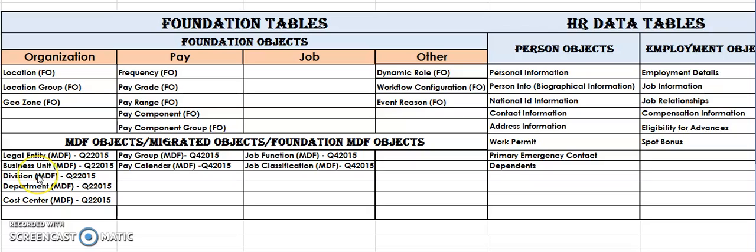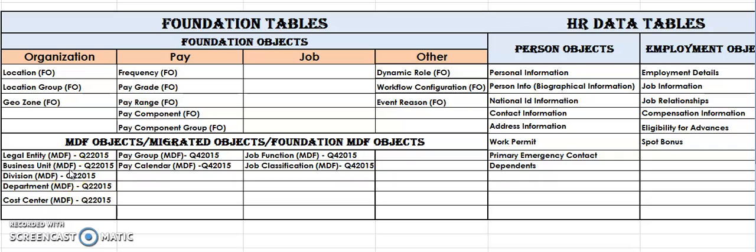Next, division. Division is an optional element in an organization structure. It is part of the legal entity.